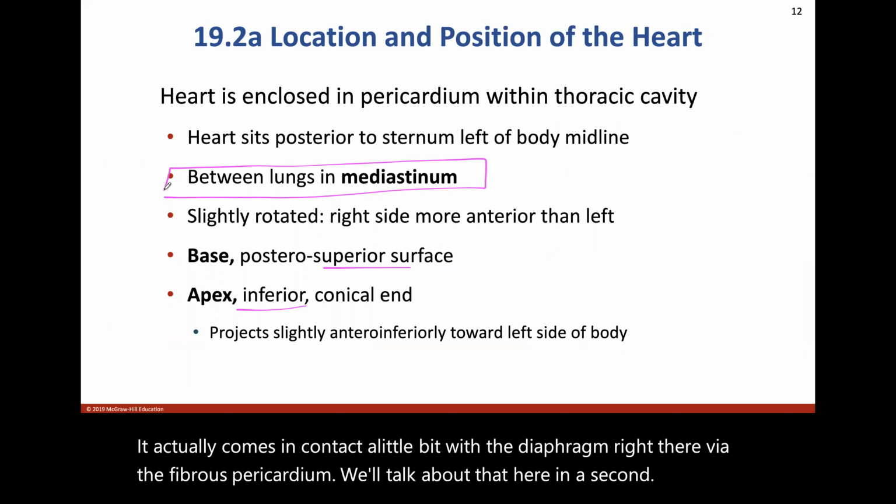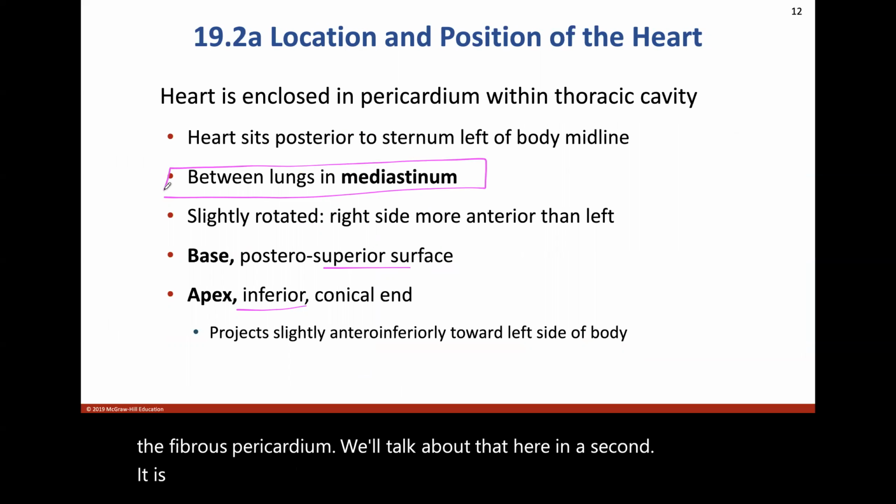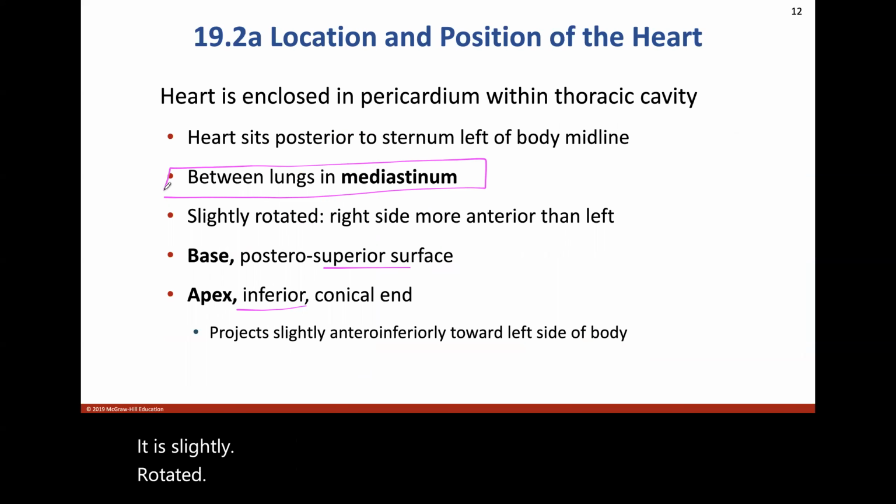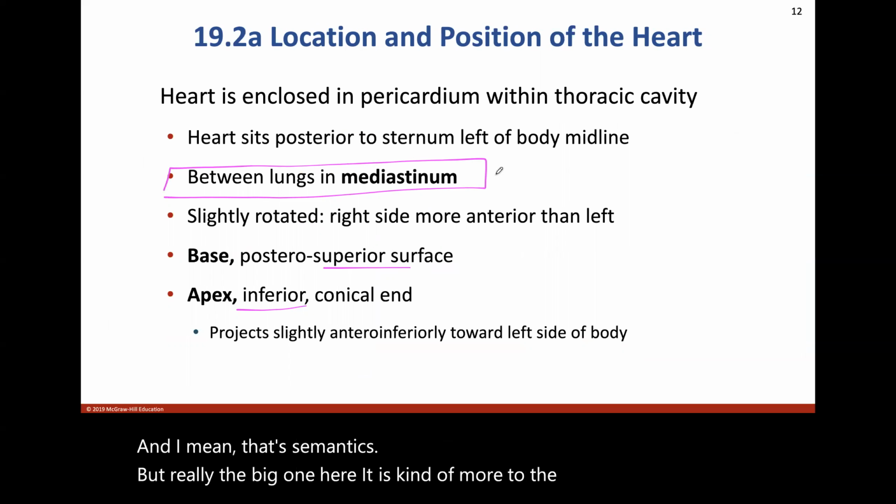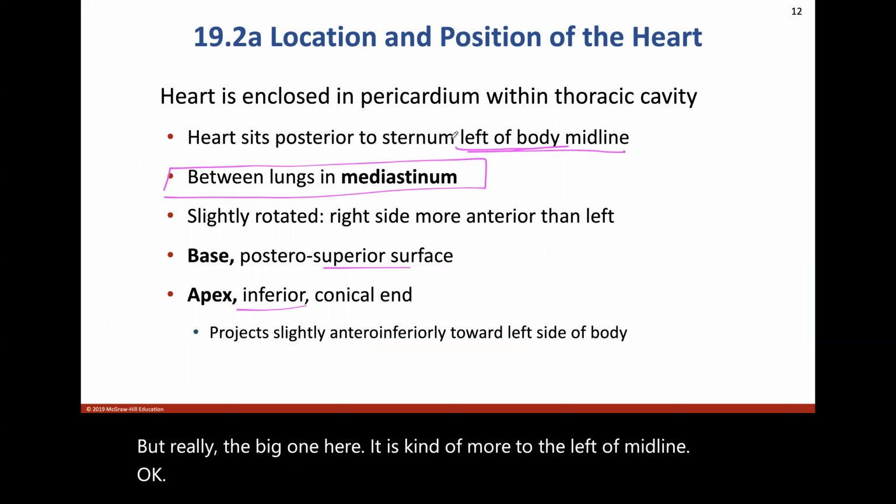It is slightly rotated. And I mean, that's semantics. But really the big one here, it is kind of more to the left of midline. Okay. Why is that important? Well, you want to listen to the heart when the patient comes in.